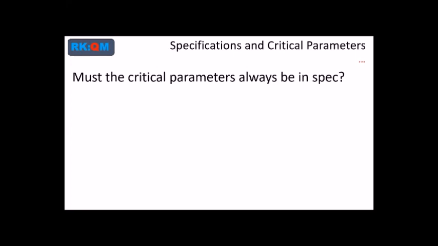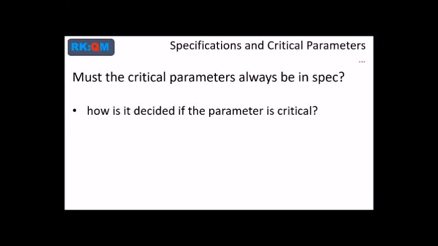Or they're not critical, are they? If you can supply product with significant quantities of critical parameters out of spec, and the customer does not complain, then it seems to me that you can save time and money by not controlling them as closely.